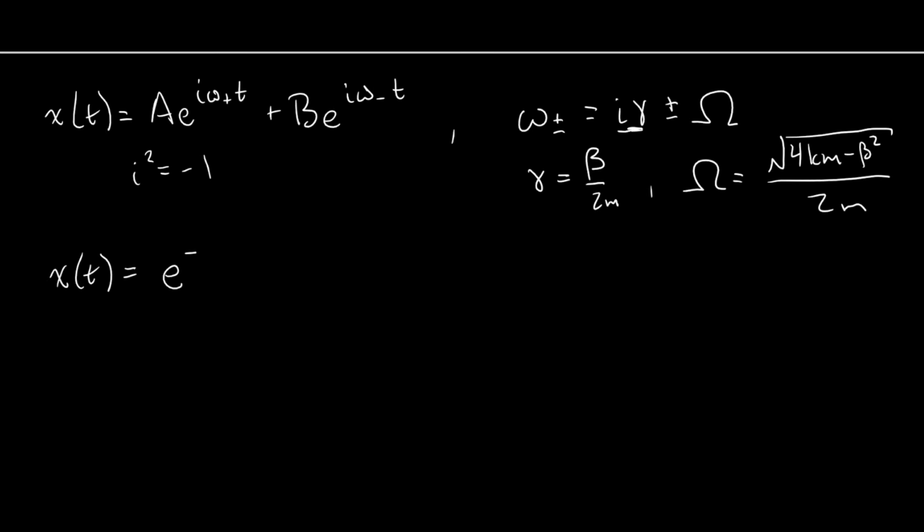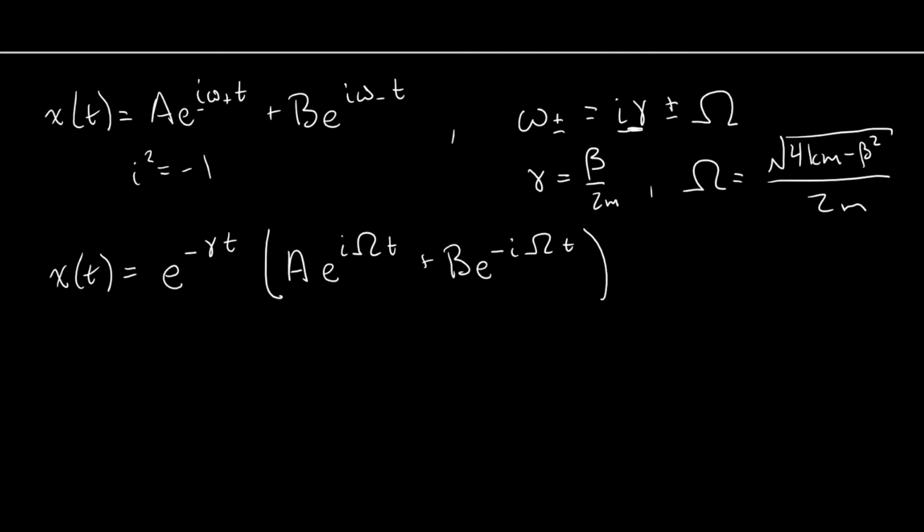So this I times this I is going to give me a minus gamma t, times a e to the I big omega t plus b e to the minus I big omega t, because the only difference between omega plus and omega minus is the sign of this omega term.